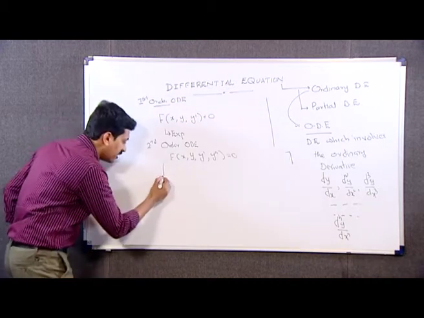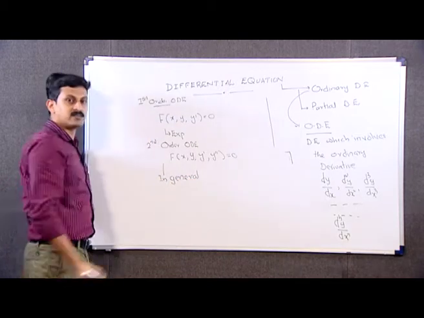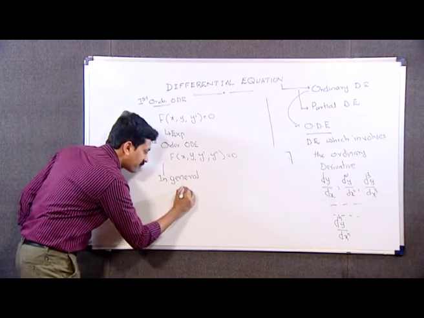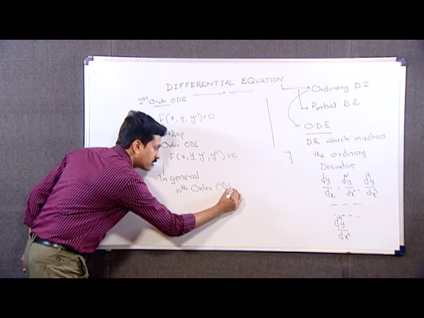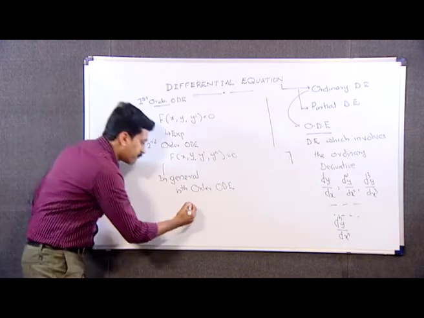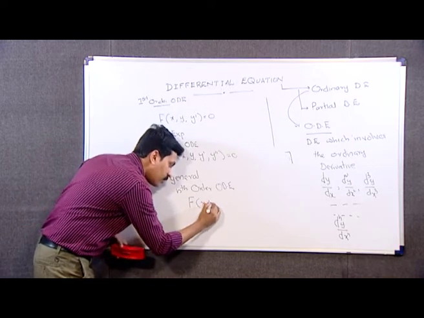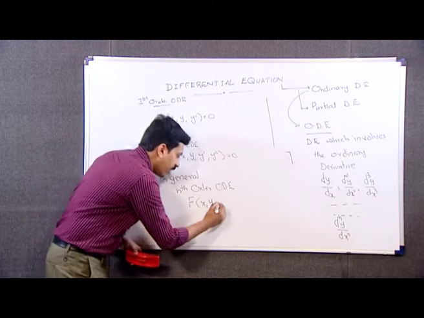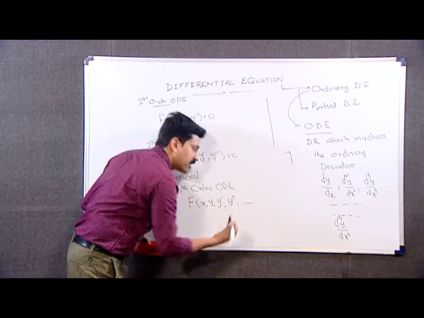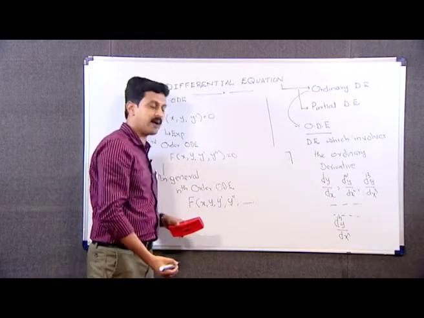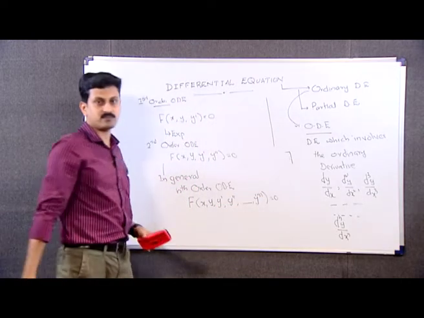And in general, the nth order ODE can be represented as f of x, y, y dash, y double dash, etc., up to the nth order derivative y n, equal to 0.